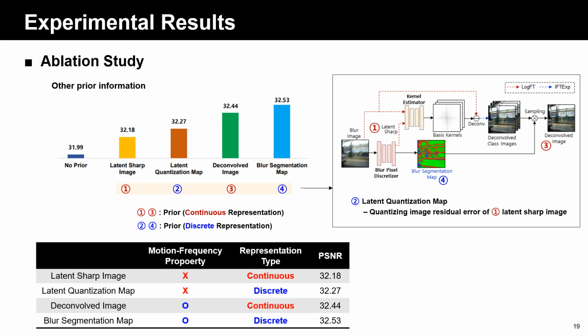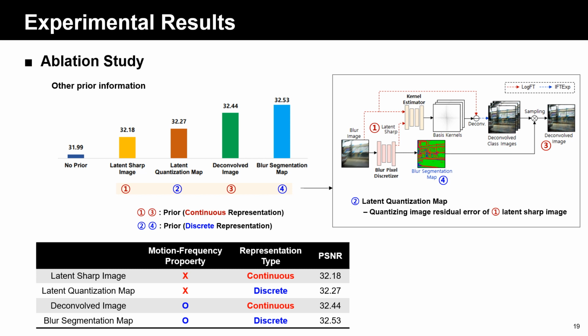As shown in the left graph, for continuous prior, the deconvolved image gives better subsequent deblurring performance than the latent sharp image. This is because the deconvolved image is influenced by the motion frequency properties, but not the latent sharp image. This means that when we generate prior information, it is important to consider the motion frequency properties.